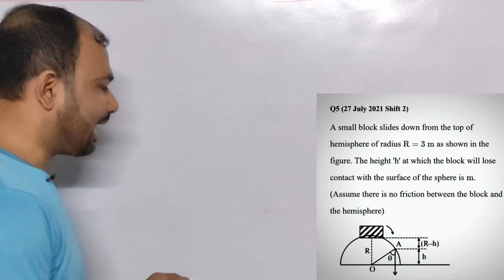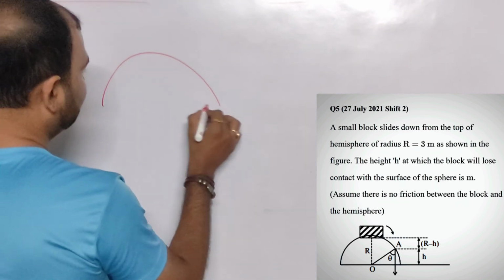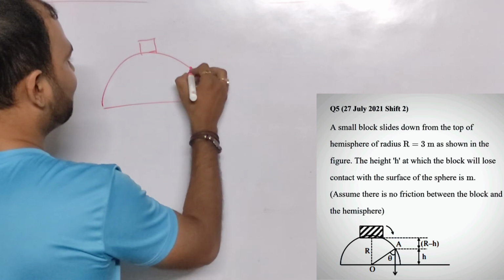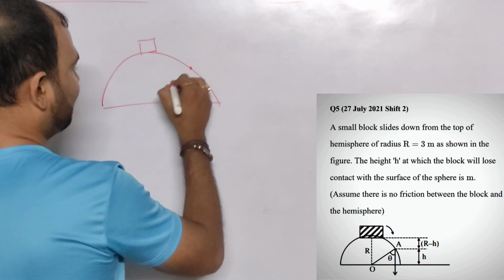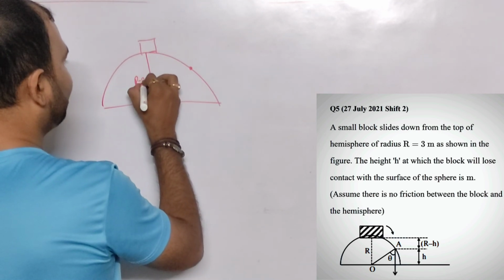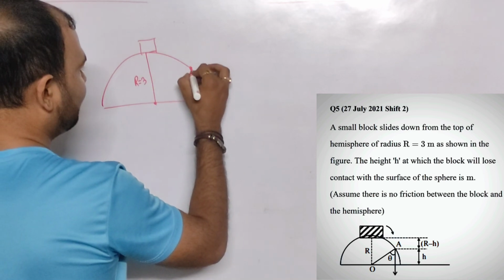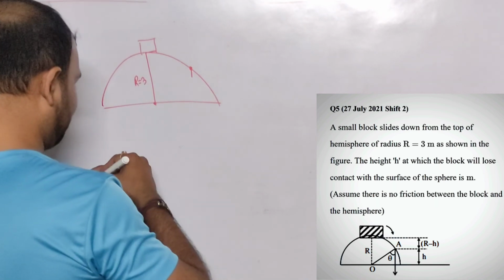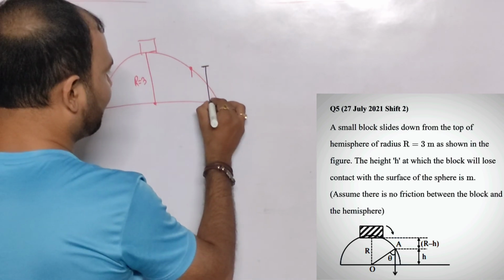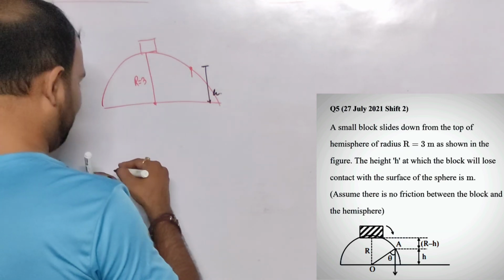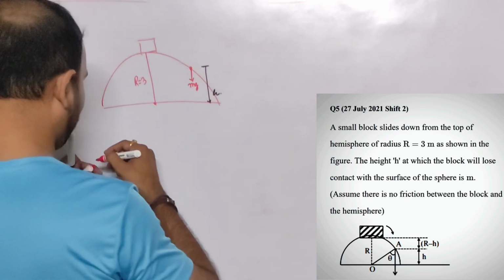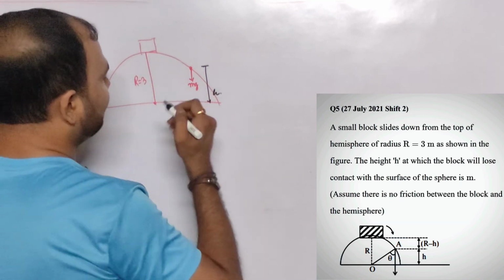Let us first draw the diagram for it. Here is the block. Let us consider here it will lose contact. The radius is 3. At this point, let us consider the height is h, and the weight of the body is acting, mg.